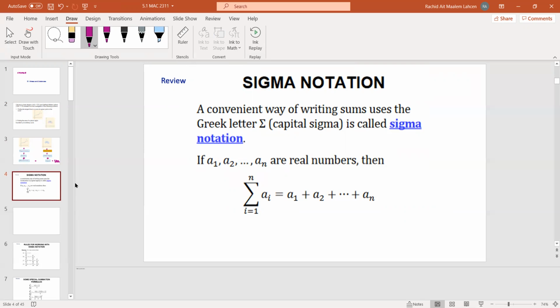So i equals 1, from the lower bound to the upper bound, and some people say limit, lower to the upper. Of course this is 1 and this is n, and whatever this is gets summed, and each term takes the subsequent numbers, right?